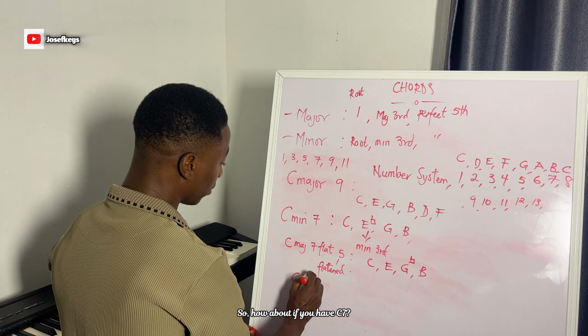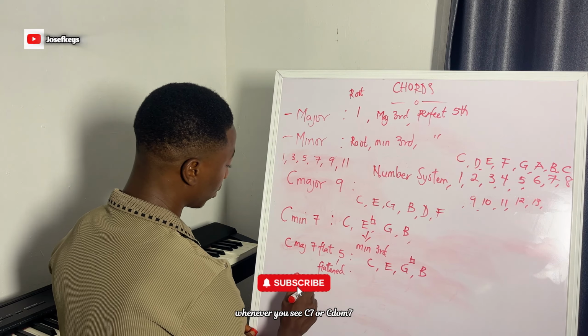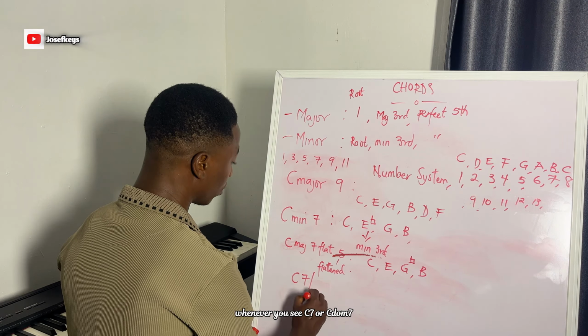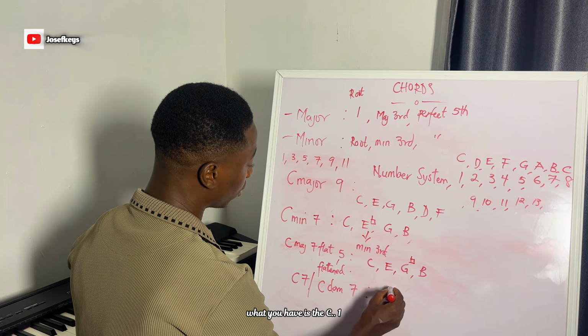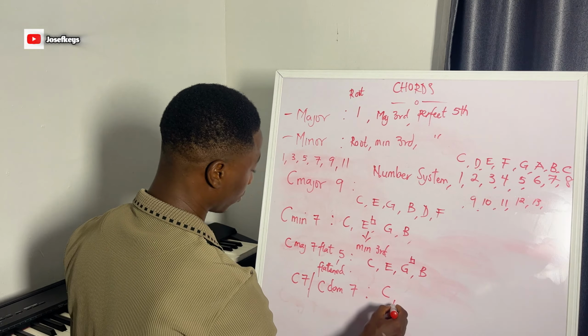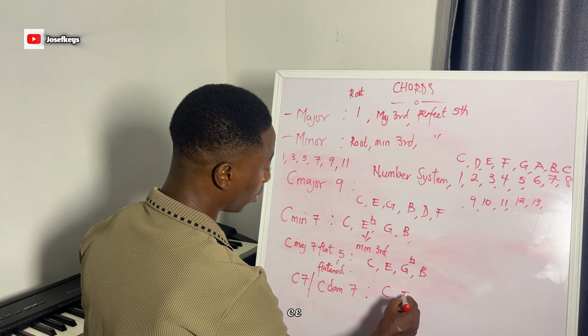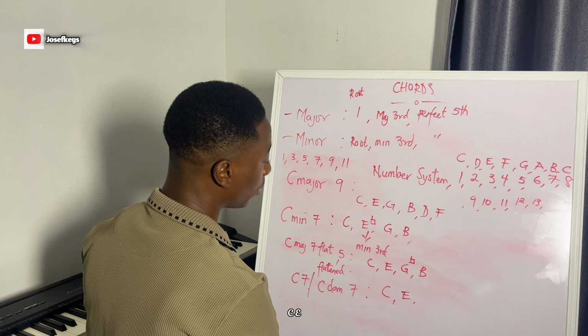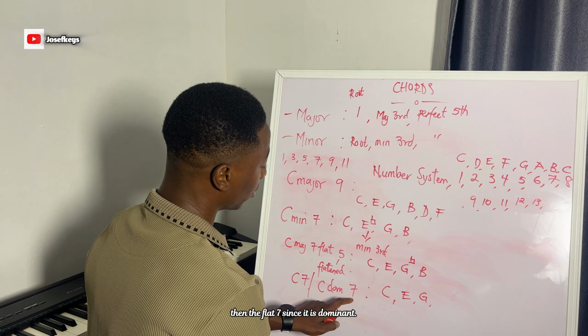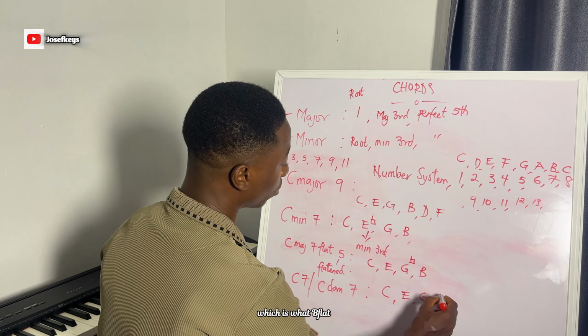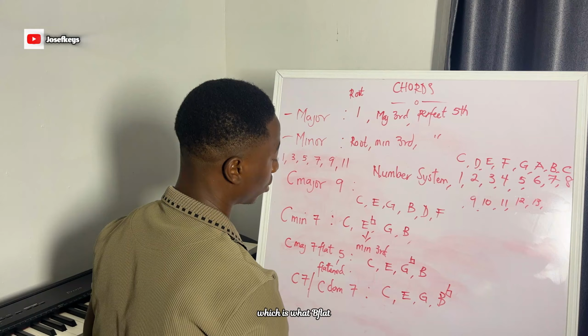So how about if you have C7? Whenever you see C7 or C dominant 7, what you have is the C, E, the perfect fifth G, then the flat 7, since it is dominant, which is B flat.